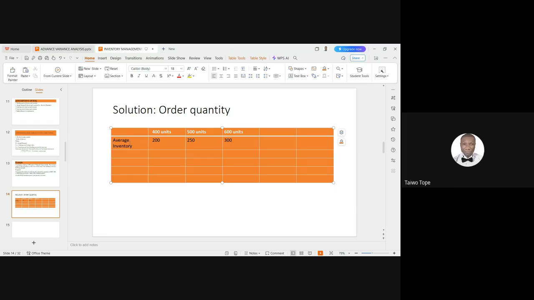Now, you also need to ask yourself, what will be the number of orders per annum? If I'm buying 400 units, 500 units, or 600 units, how many orders will I make?